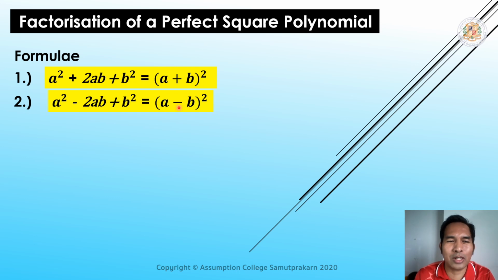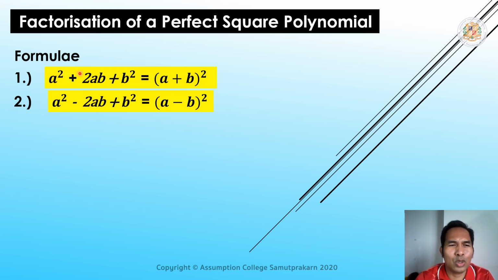If this is minus, that means the second term here is minus. So again, that's the difference. The same a squared, 2ab, b squared: if plus, positive, positive. If negative, one is negative, the other one is positive. So therefore, the factor is a minus b quantity squared.